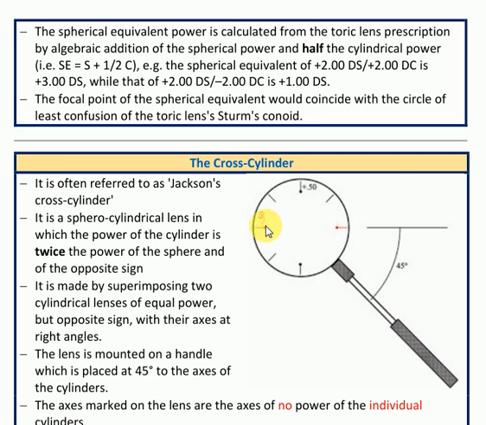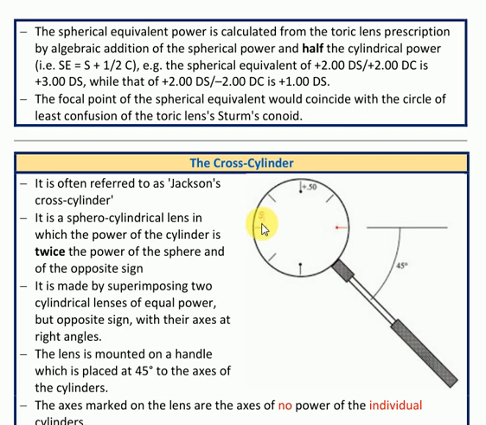Actually the power of this cylinder lies at 90 degrees to the marked axis and coincides with the marked axis of no power of the other cylinder. So the power of this minus 0.5 coincides with plus 0.5, and the power of plus 0.5 coincides at 90 degrees with the minus 0.5.